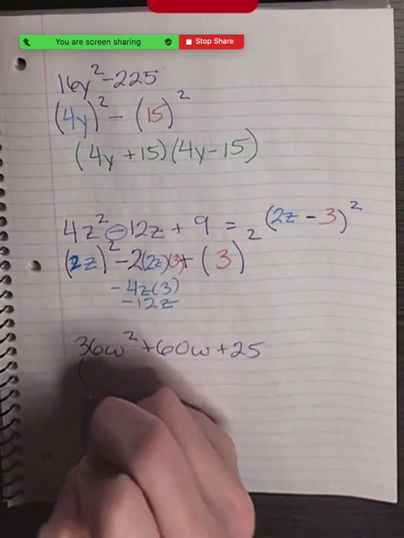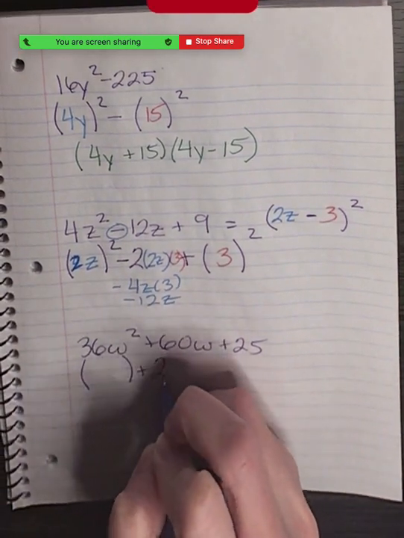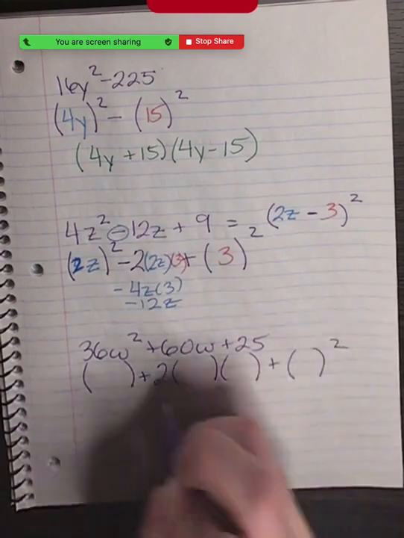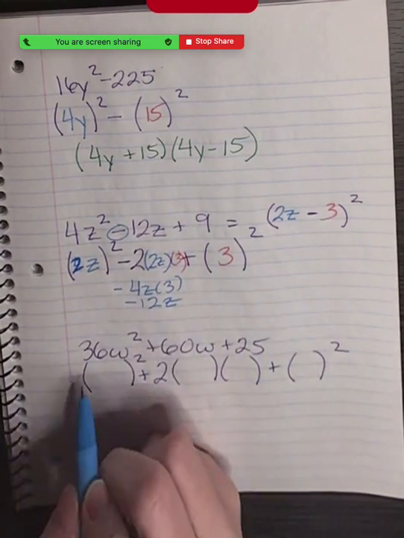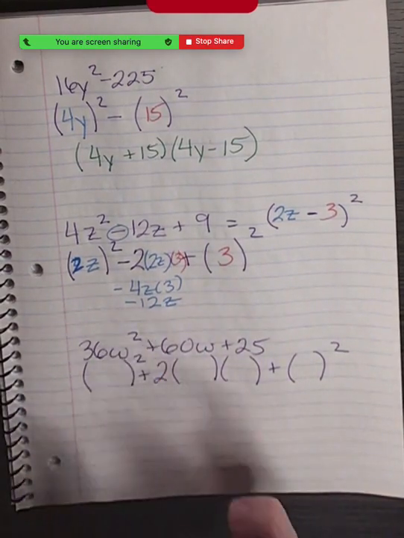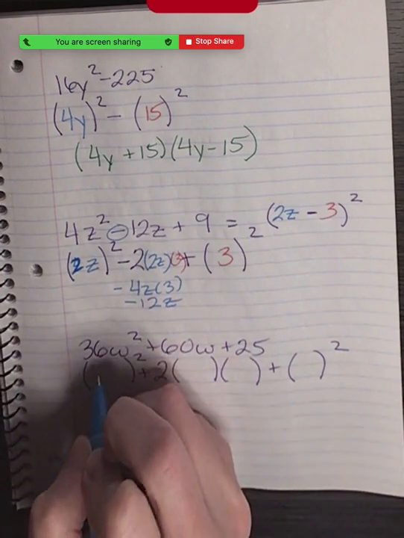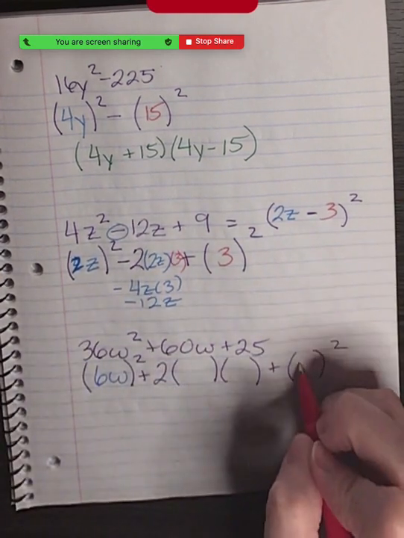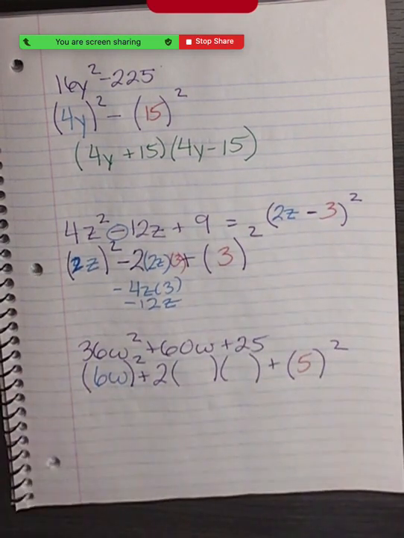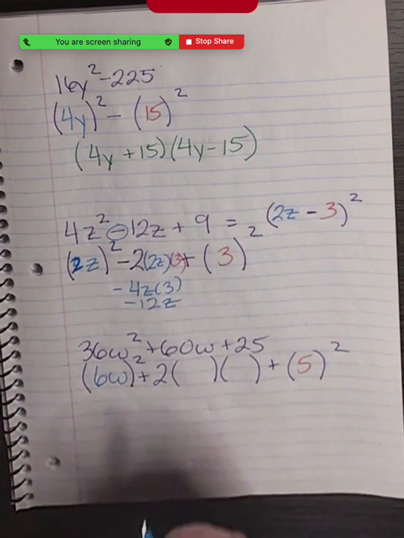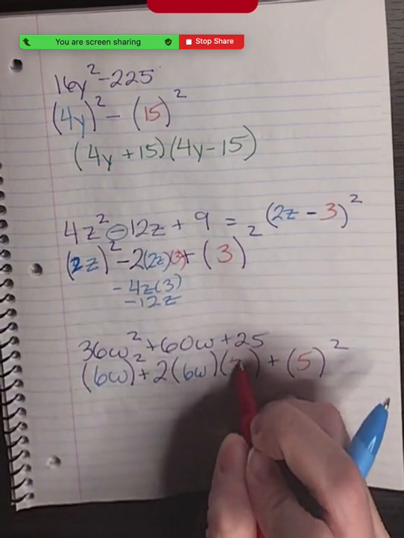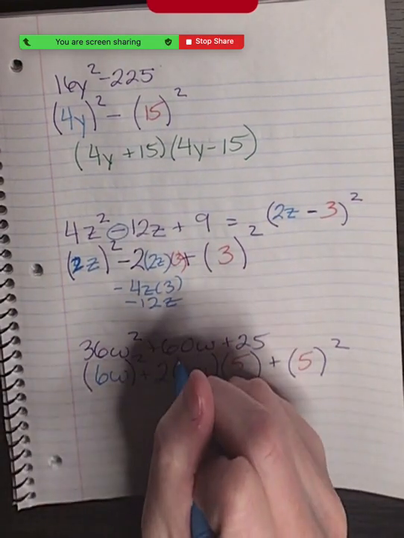Okay, same thing here. Can we write 36w squared as one quantity to the second power? And you can. So it would be 6w. 25 can be written as 5 squared. Then we're going to check to see if 2 times 6w times 5 is the same as 60w.